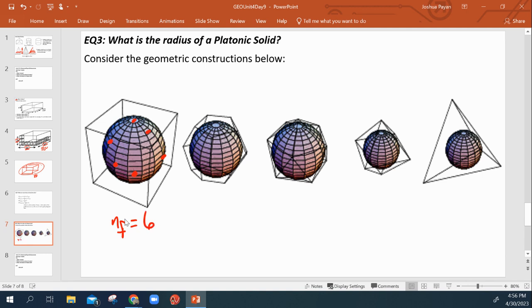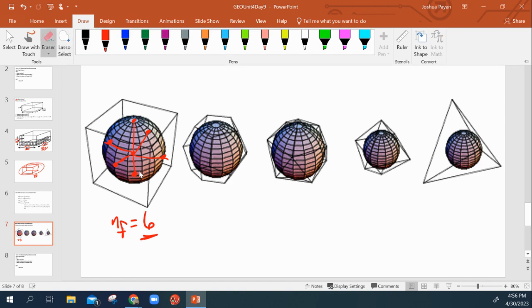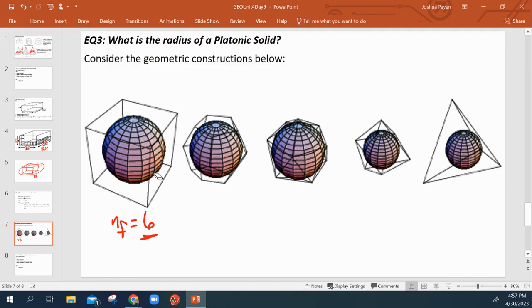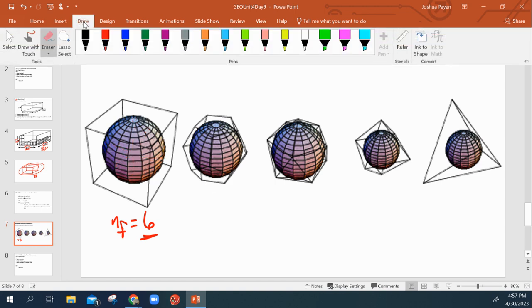This sphere within the cube is tangent to all 6 of its faces, and it's tangent at every one of the centroids. So if I draw, there's one radius, there's another radius, there's another radius. Excuse my crappy drawing. So that's what we're talking about when we say the radius of a Platonic solid.